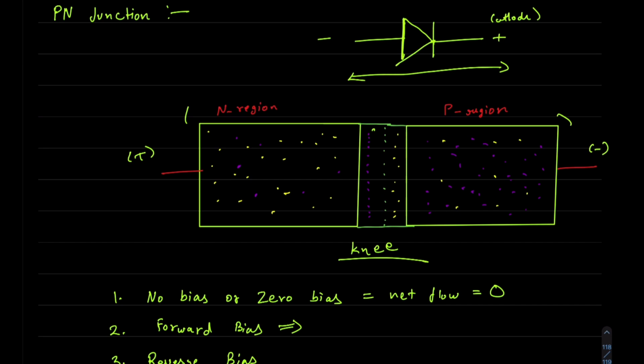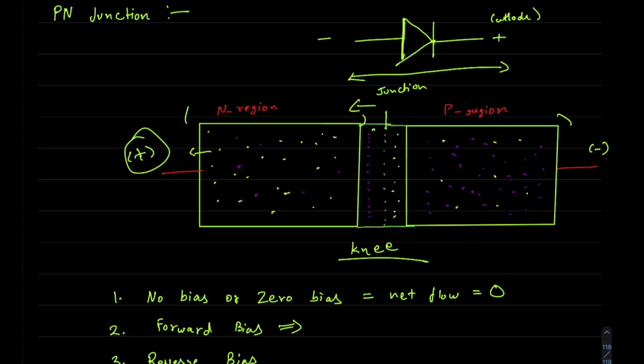So this positive voltage that we have applied will attract the electrons toward itself and away from this junction. And oppositely, the holes will be attracted towards the negative terminal and away from the junction, right?